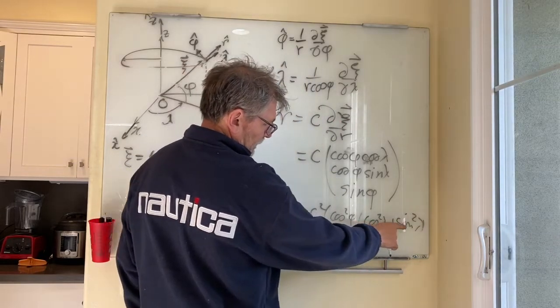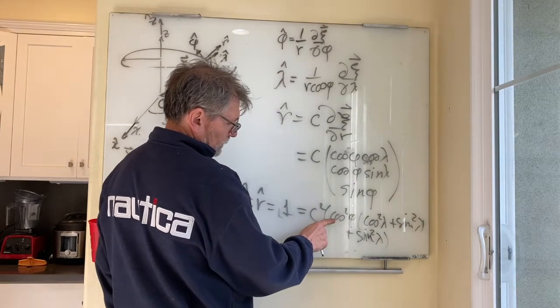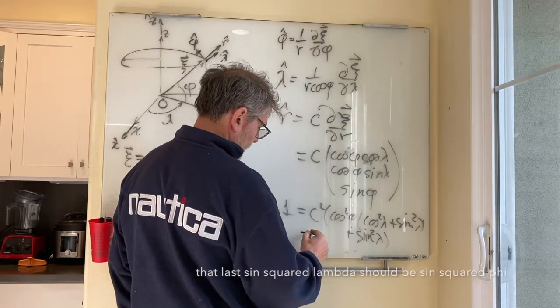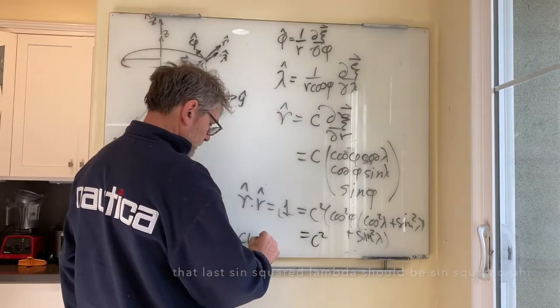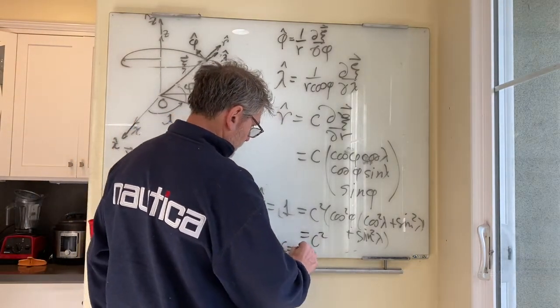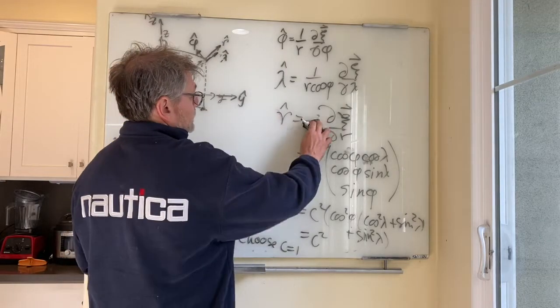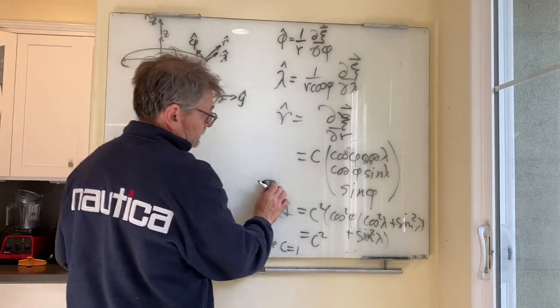And cos squared lambda plus sine squared lambda is 1. We're left with cos squared phi plus sine squared phi, which is also 1. So this is equal to c squared. So in this case, we just choose c equals 1. So that's easy in this case. So this becomes the r hat vector.